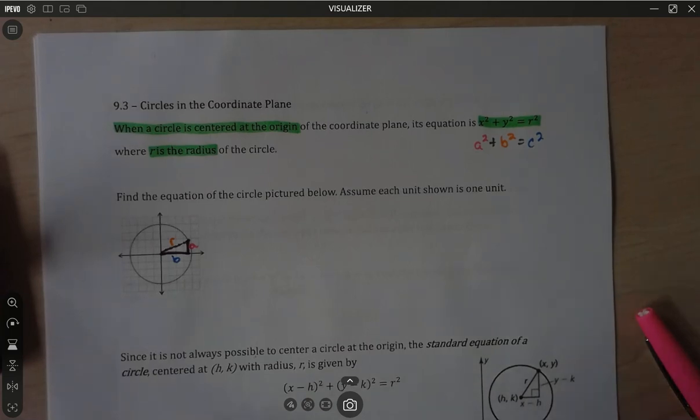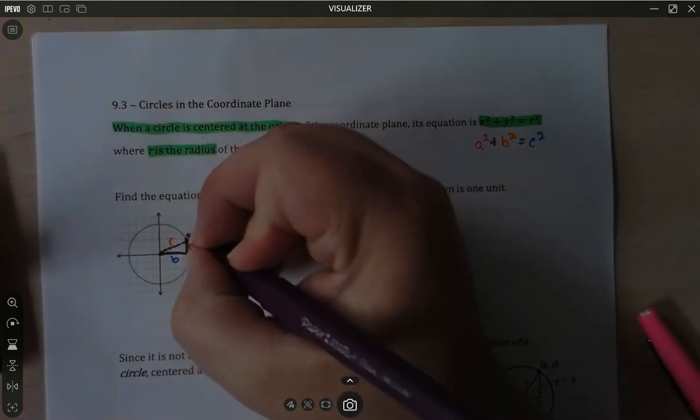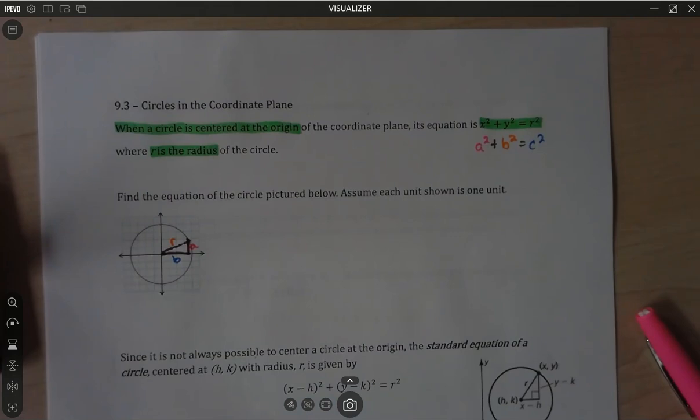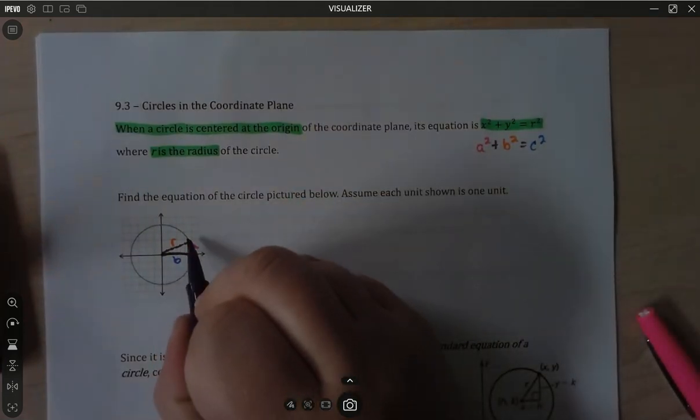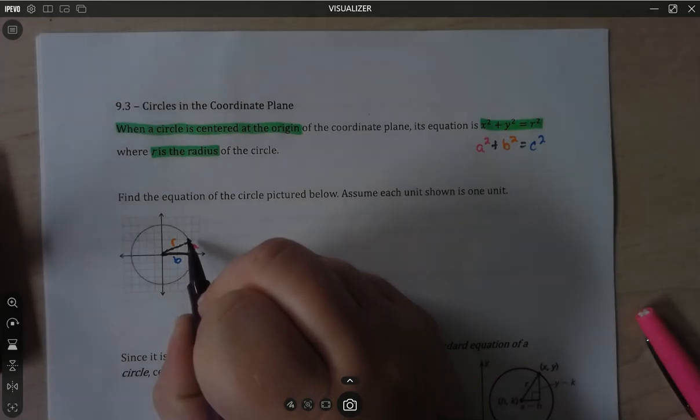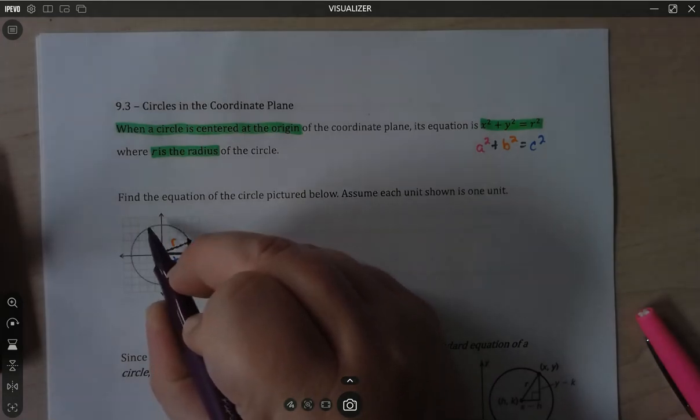So that's where our circle formula comes from, the Pythagorean theorem. Okay. Our hypotenuse is our radius at any given point.